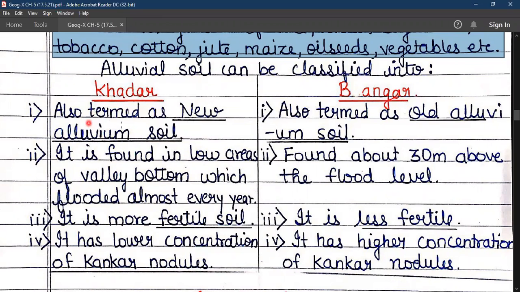Khadar soil is also termed the new alluvial soil, whereas Bangar is termed the old alluvial soil.